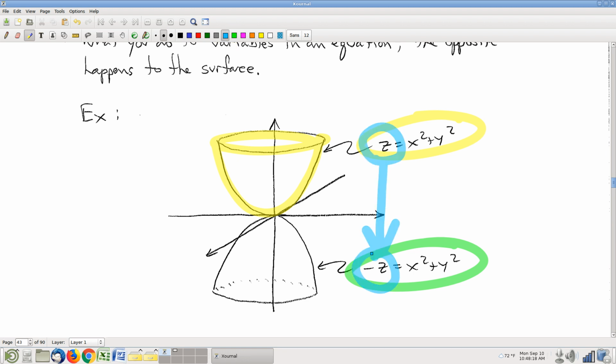Everything else in the equation has stayed the same. Because I'm putting a minus sign in front of the z in the equation, what's the opposite of multiplying by minus 1? Well, coincidentally, it's multiplying by minus 1. So that means all the z coordinates get multiplied by minus 1, therefore we get a flipped parabola. Everybody happy with that? Okay.